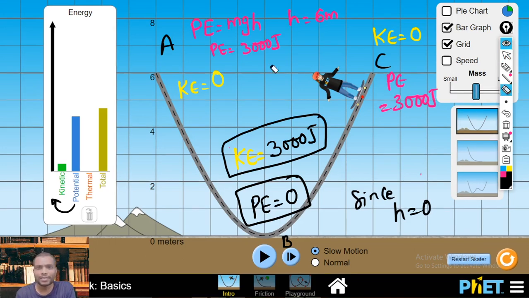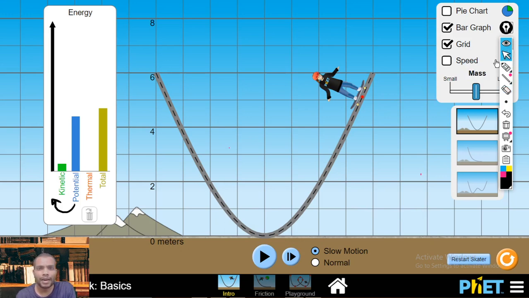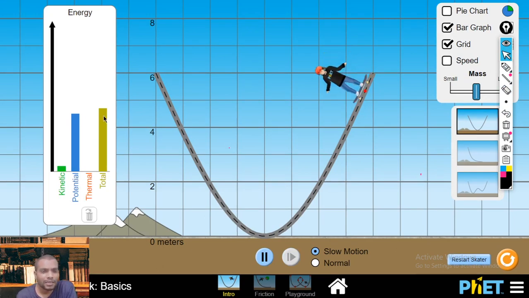But what is our concept? Our concept says that the total energy remains constant. That is nothing but the law of conservation of energy. In the bar graph, just observe the total energy from the beginning to when he is at the other end. Here you can see the total energy graph always remains the same. It's not changing at all.